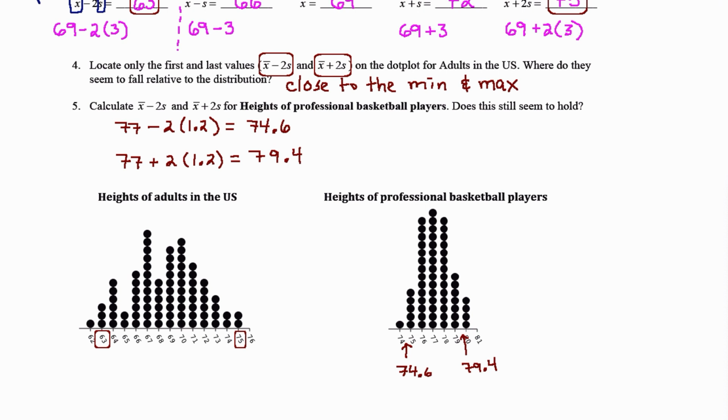Soon we will make a more formal statement about this interval that runs from 2 standard deviations below to 2 standard deviations above the mean, but right now we want to just establish that they're very close to the lowest and highest value, although in most cases they're not quite all the way at that value.